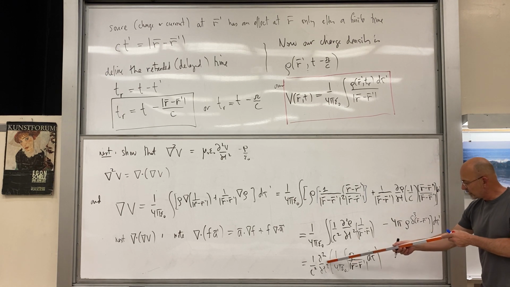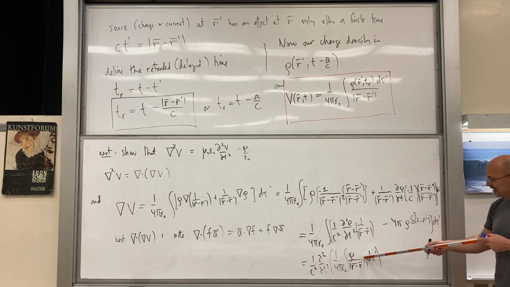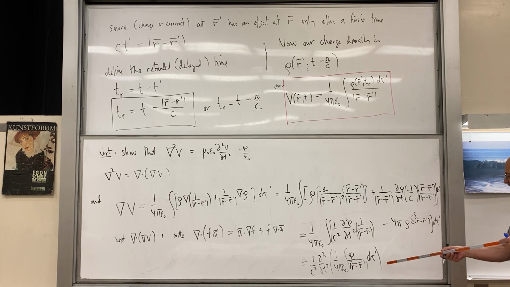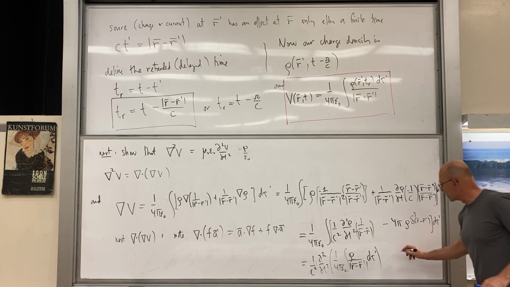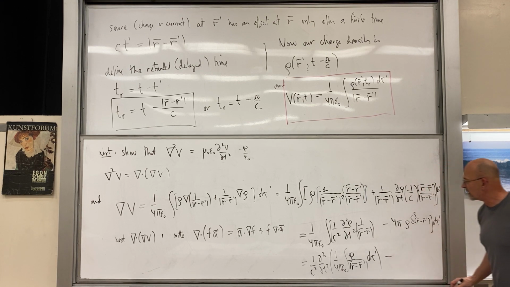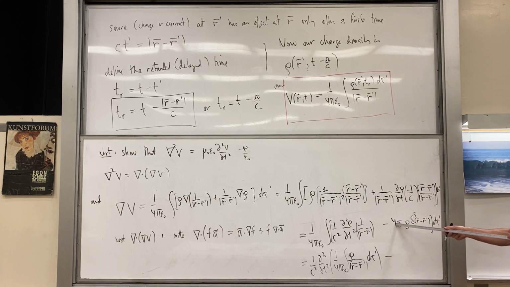That's 1 over c squared d squared v dt squared. Okay. And this one here, we integrate the delta function at r prime, we're just going to get 4 pi rho of r, because we're integrating over r prime.